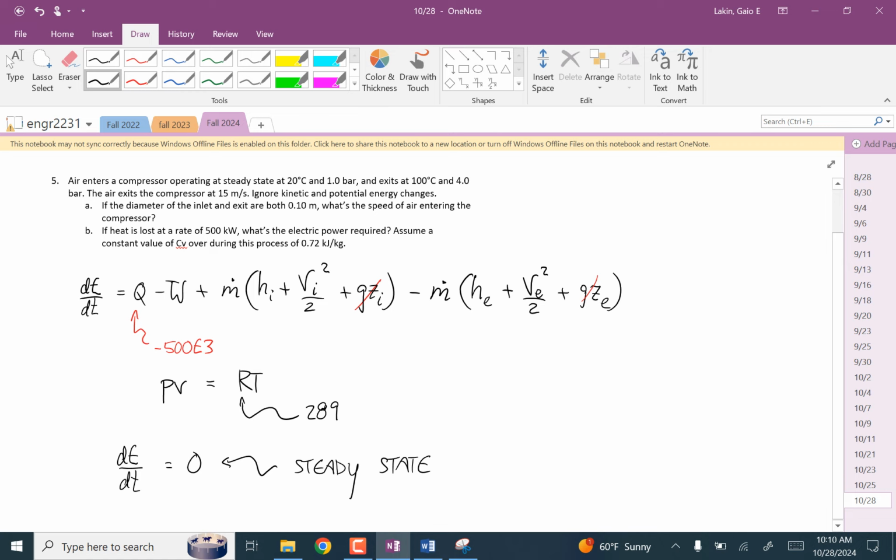And I did change in specific enthalpy is Cp delta T, and then I used that Cp in the tables to get my H final minus my H initial. I think that's a perfectly good way to do that.